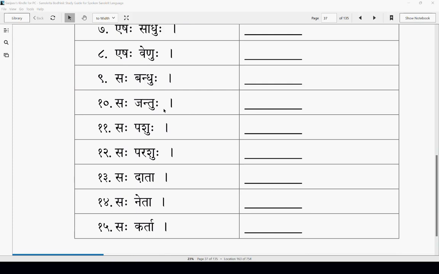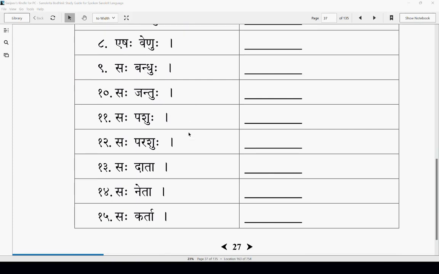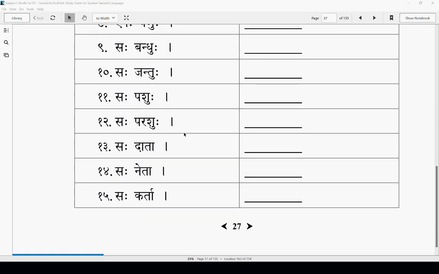Jantu is an animal, Pashu also animal. Parashu is an axe, as in Parashurama.